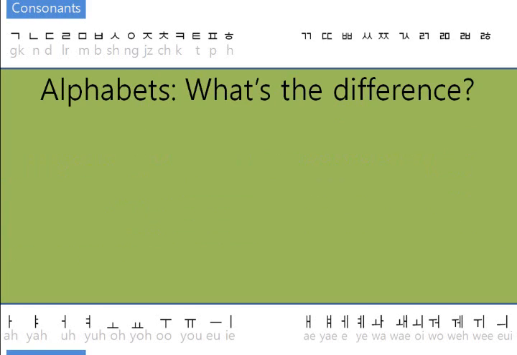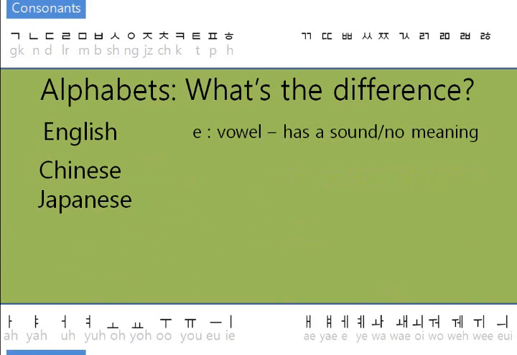So what's the difference between Korean alphabets and English and other languages? Okay, suppose English. Suppose we have E, that's a vowel. It has sound, but no meaning, unless you give some meaning to it. Basically, one vowel or one consonant doesn't mean anything, but it has sound.